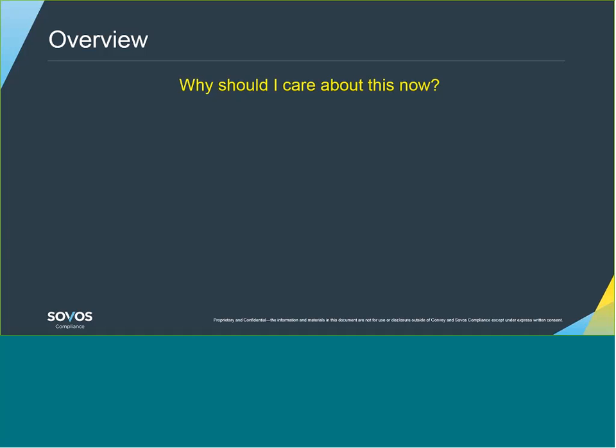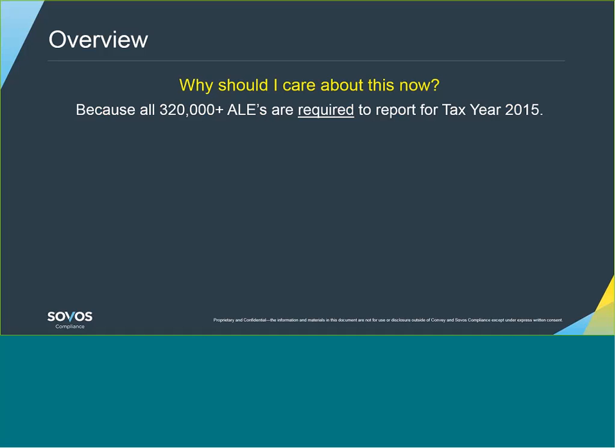So next we need to ask the question, why should we care about this now? Well, one of the things that we've been facing through the course of this year is that as we look across the United States, the estimate currently is that there are about 320,000 applicable large employers that are required to report for tax year 2015.